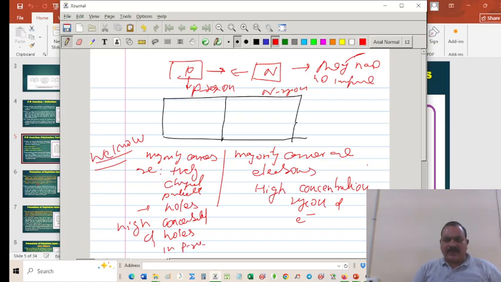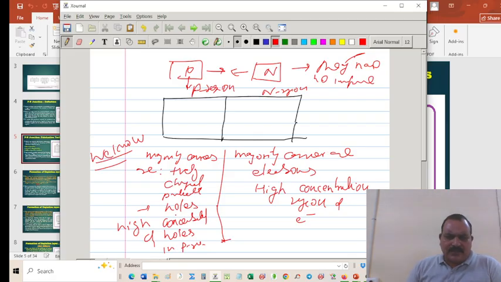Okay, and we also know that it's a natural way that if you want to take the charges from one point to another, then from a positive region to negative region, यानी we can say that हाई कंसंट्रेशन से आप लो कंसंट्रेशन की तरफ ही किसी भी फिजिकल क्वांटिटीज को ले जाते हैं, और इट्स अ नेचुरल लॉ.